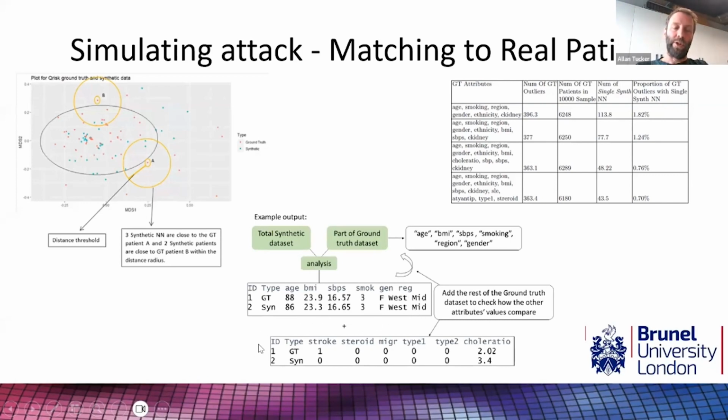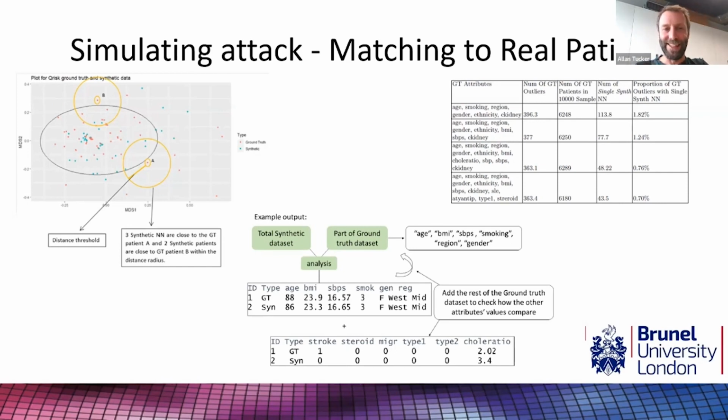But when you actually go to the extra information the synthetic data holds, then there are differences. The ground truth patient suffers a stroke and has a very different cholesterol ratio. So even if you can identify one relatively close synthetic data point or cloud of synthetic data points, it doesn't always mean that there is a direct risk of inferring something new.